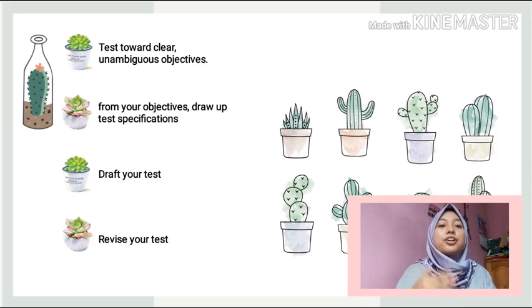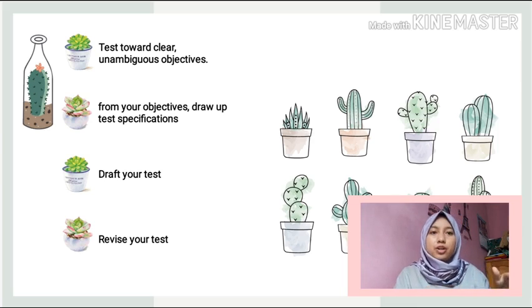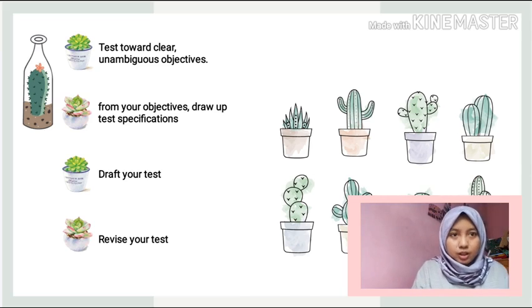For example, we conduct a test within 40 minutes, so our specification is how we divide the test period into 40 minutes. Then maybe the specification will be as you can see in our paper.